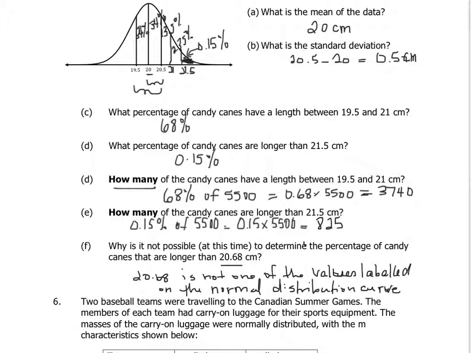So therefore, you can only use the percentages based on one of the labels that are there on your normal distribution curve, and 20.68 is not one of those labels.